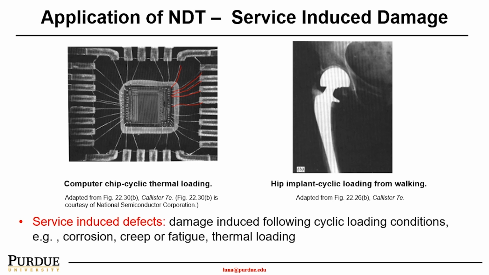On the right is the bone structure of the human bone, and the hip implant cyclic loading from the walking. As you can see, this is because of a long time of fatigue.